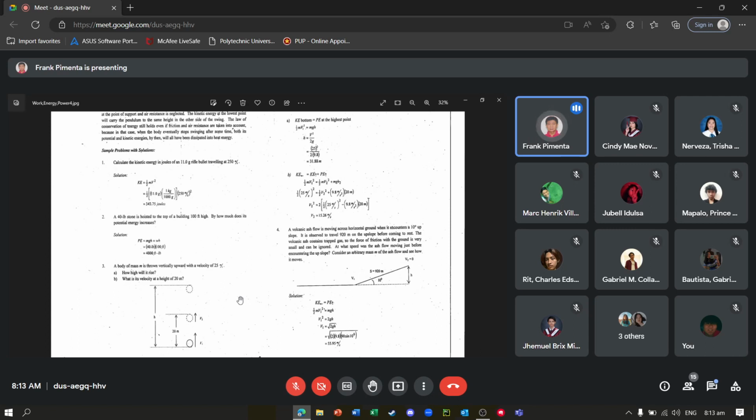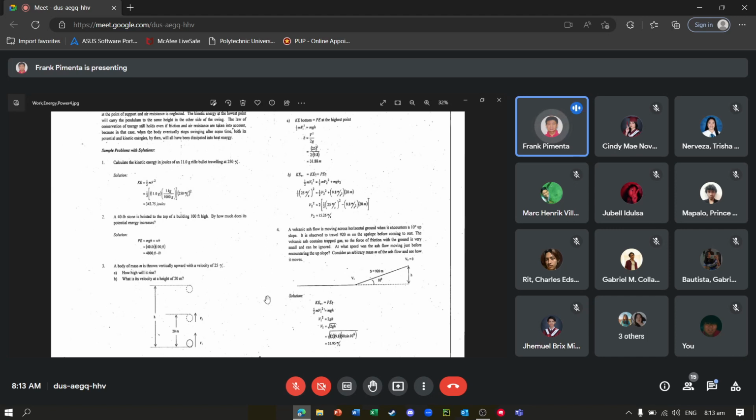Now, what are the formulas? We put the formulas. We can write potential energy equals mgh.